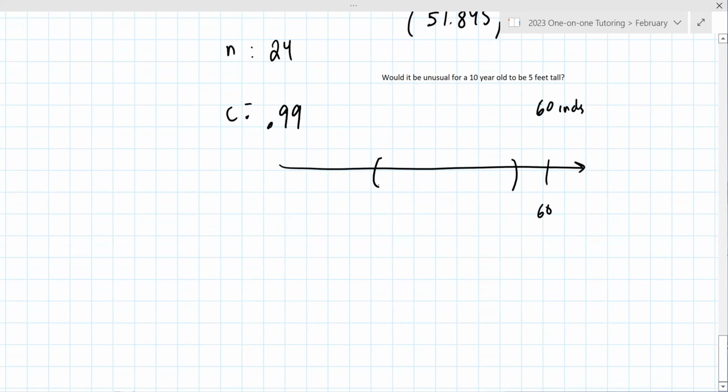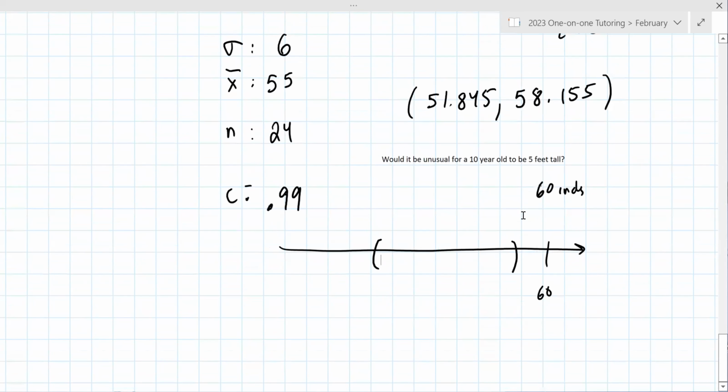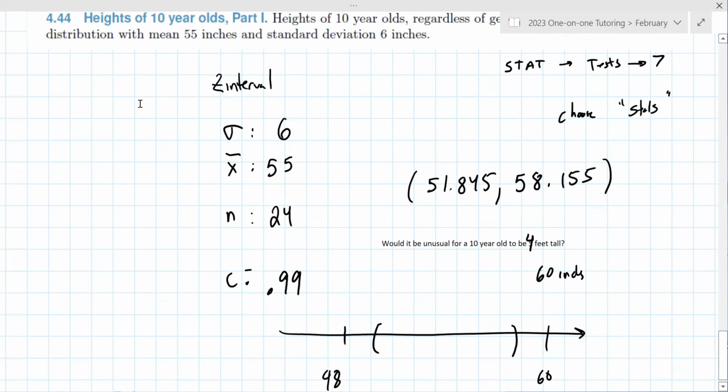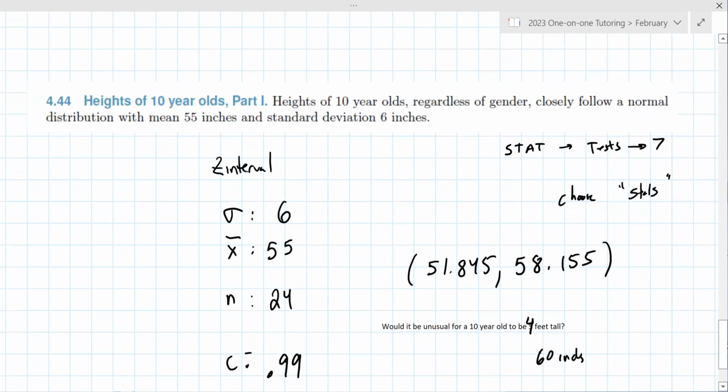Your interval is here. And 60 is above it. Similarly, if I asked for 4 feet, would that also be unusual? Yeah, because 48's kind of here. And you're making this claim about 10-year-olds, not about people in general, just this group. Yeah. All right.